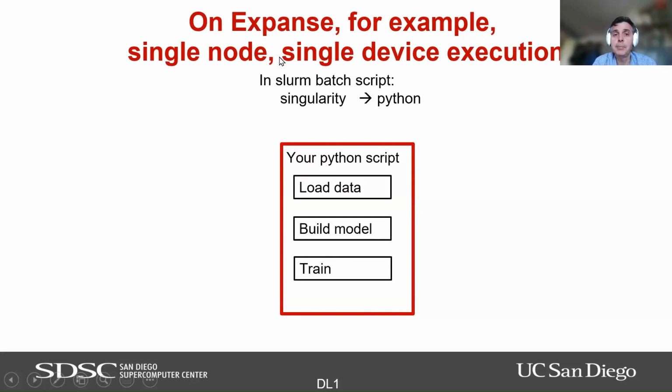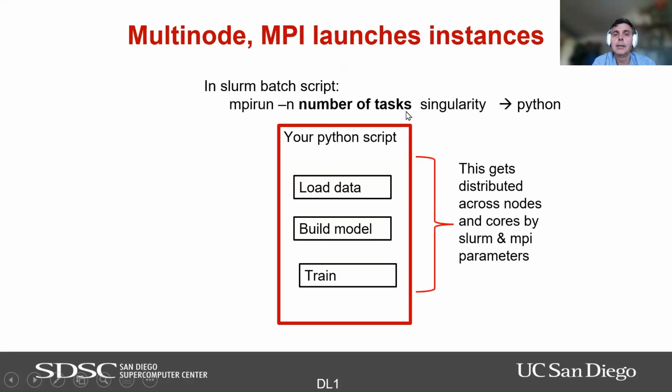On Expanse, for example, if you're running single node, single device, we are typically using Singularity containers. So there's going to be a Singularity command in your batch script, and that's going to run your Python script. Your Python script, like typical Python scripts, loads data, builds the model, and trains. With MPI, we first use the mpirun command and give it the number of tasks.